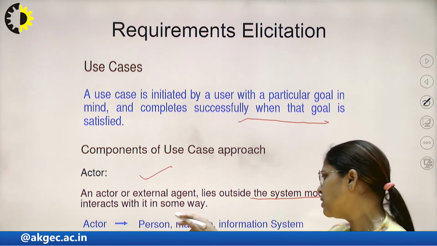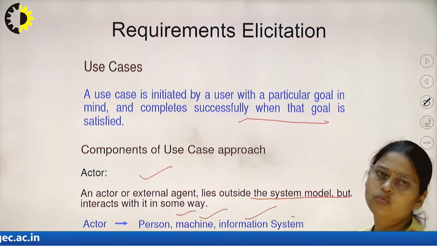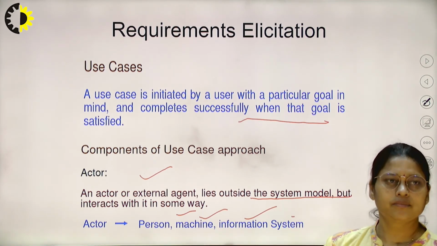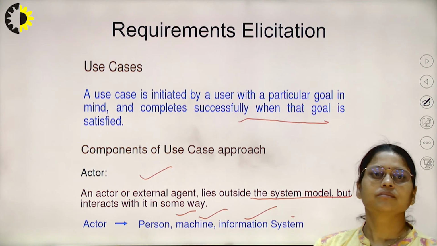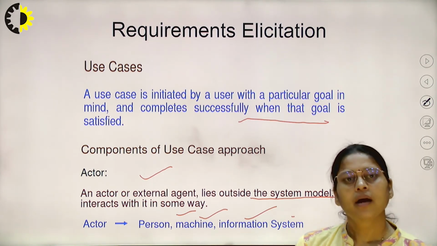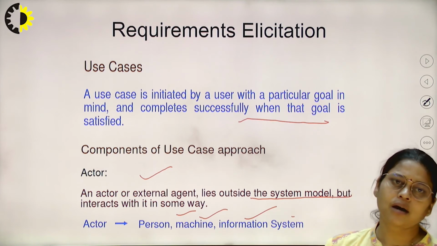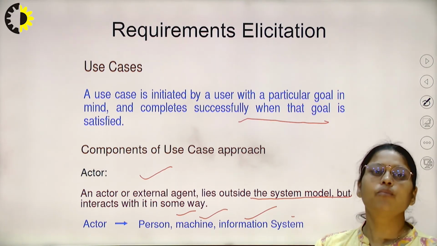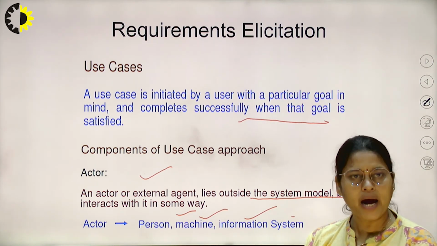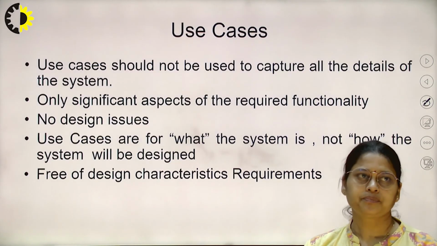An actor may be a person, machine, or any information system. Secondly, we have to take the process, the work which is done by the system. Third, we have to take the system boundary. And fourth, we have to take the relation between the actor and the process.